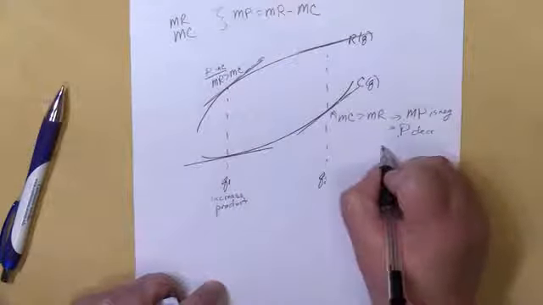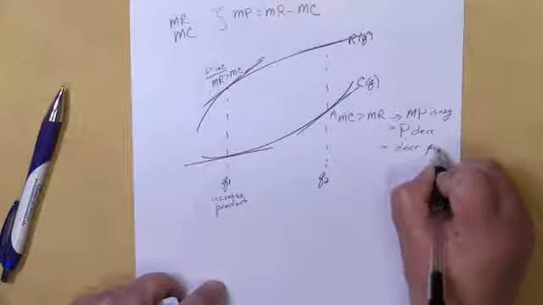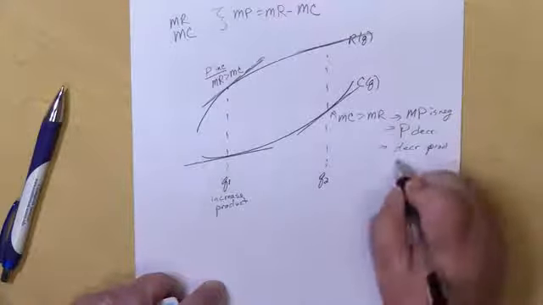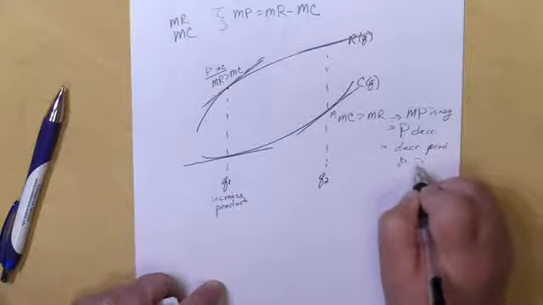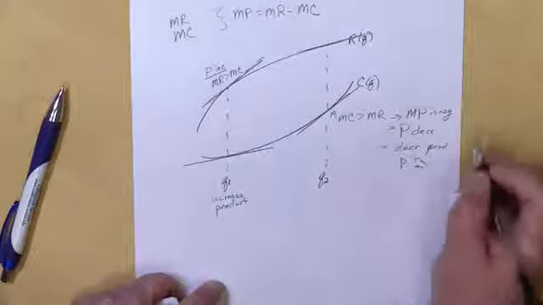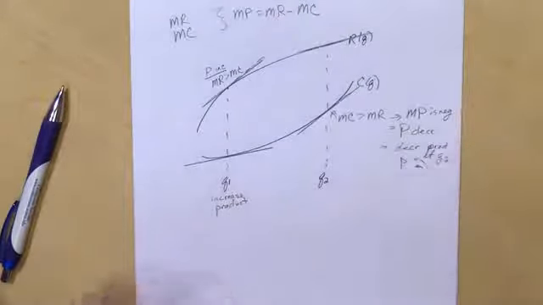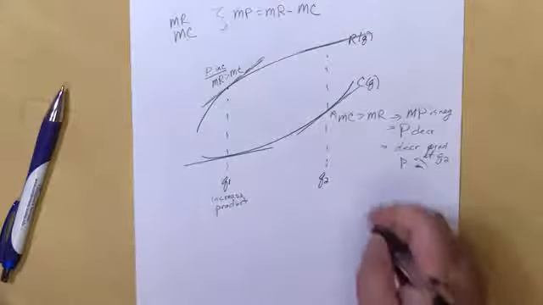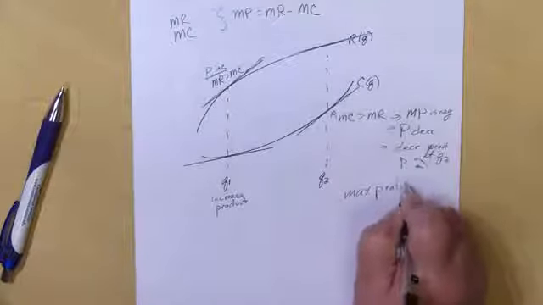So that tells us we should decrease production. So again, if we think of profit, we might have something like this. We should decrease production to actually have a bigger profit at Q2.